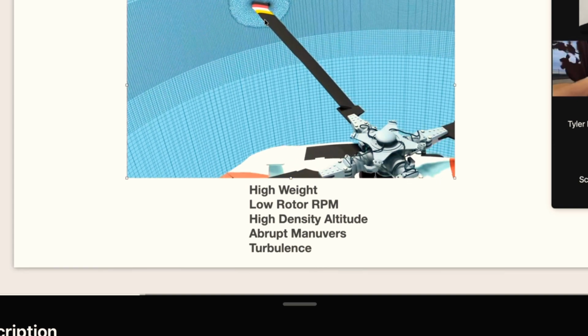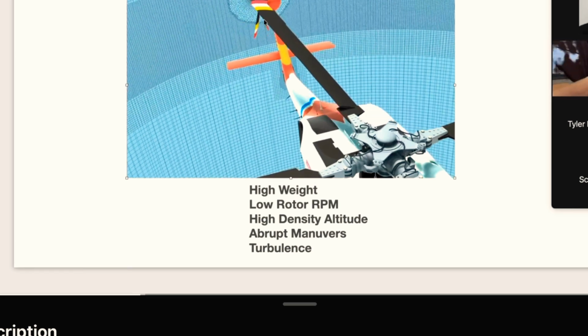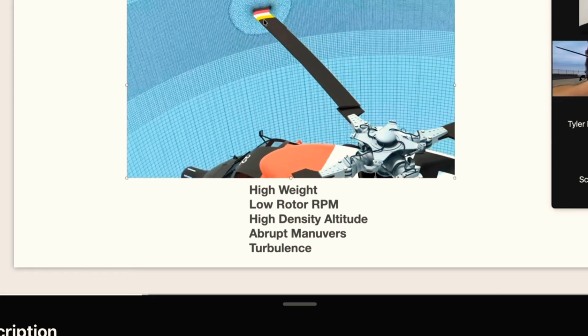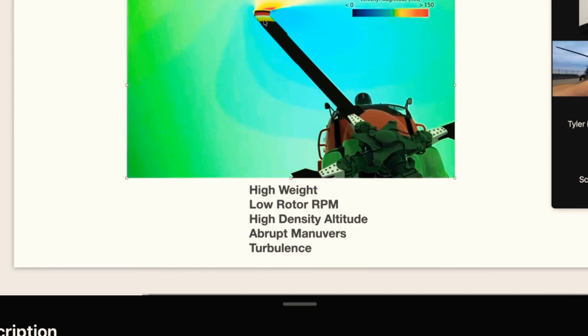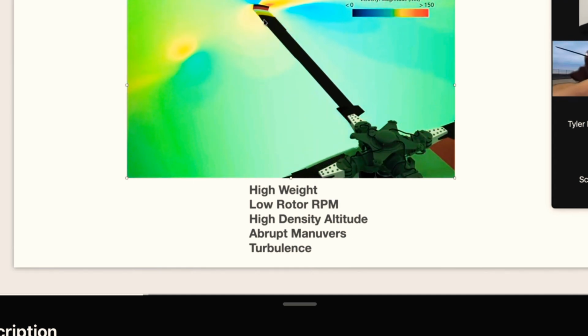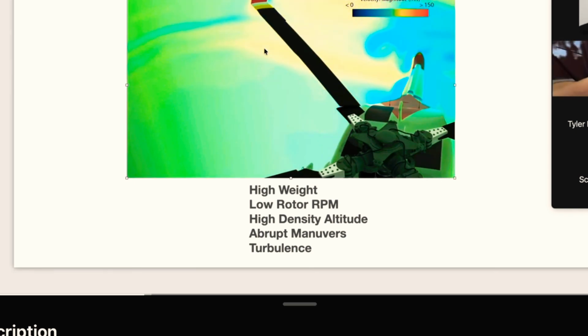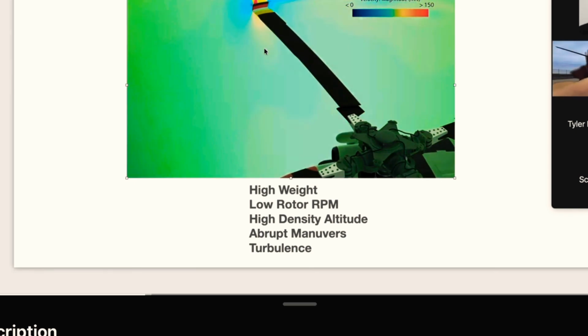And we'll see that here as it comes back. We see that the angle of attack must increase to generate lift. At higher airspeed, this will essentially reach our critical angle of attack, beyond 15 degrees, causing that retreating blade to stall.